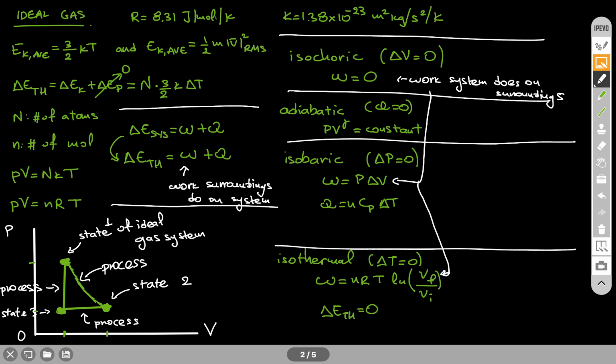So my ideal gas will start from state 1, go through a process, reach state 2, go through another process, reach state 3, go through the last process, and come back at the same point. This is what a cycle is.